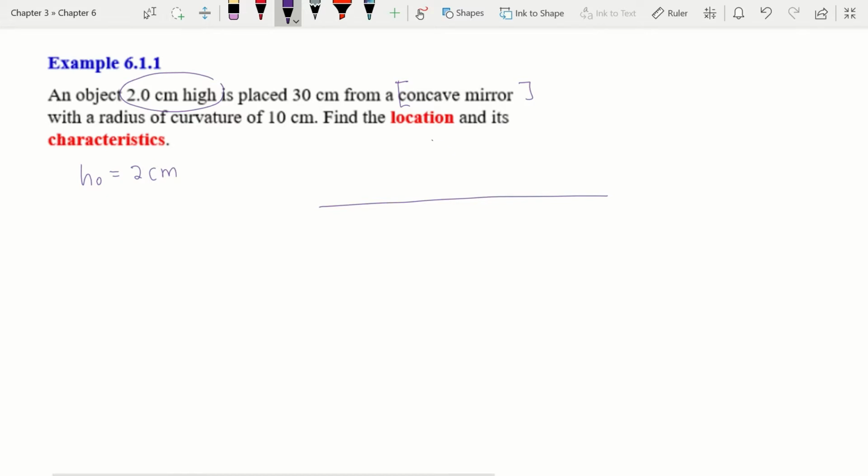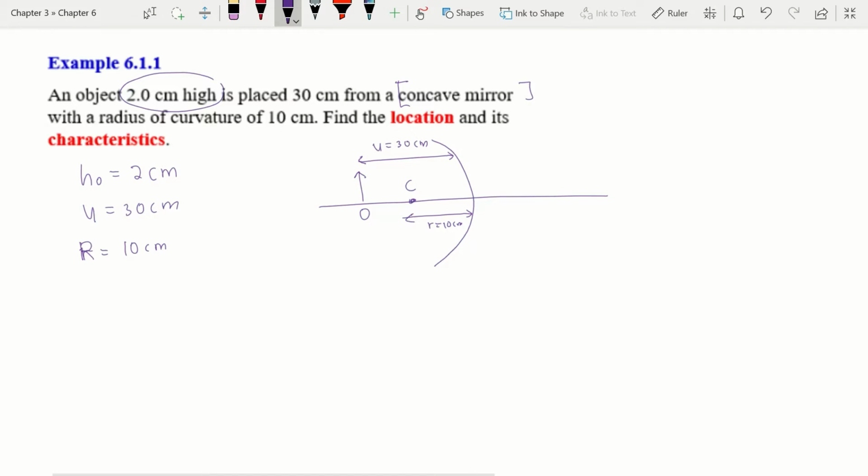Now you have a concave mirror and the object is placed 30 centimeters from it, so your u is 30 centimeters, with a radius of curvature of 10 cm. For example, the radius of curvature is here. Radius of curvature 10 cm.